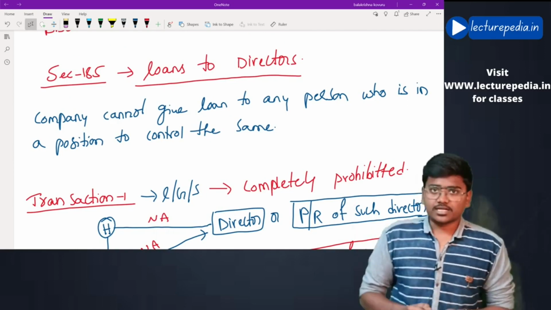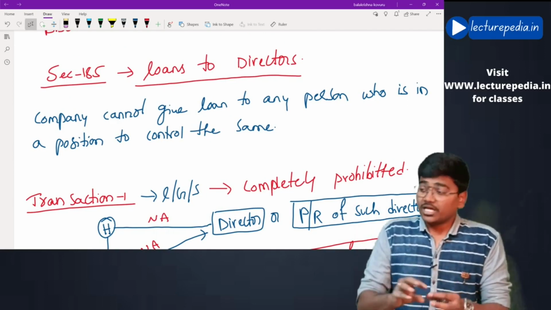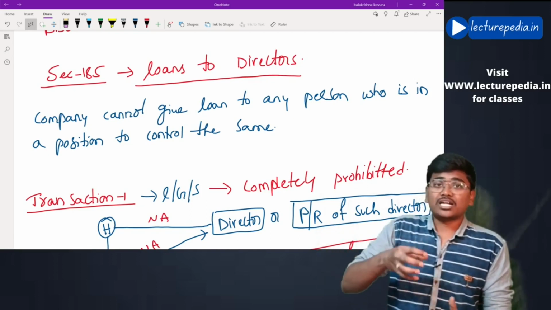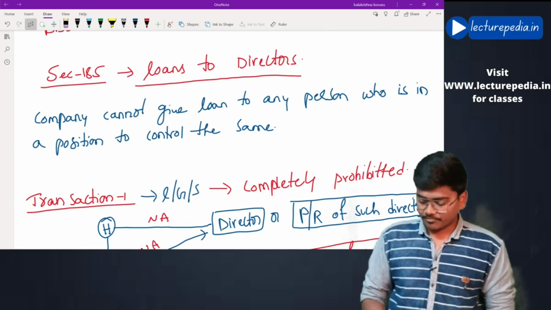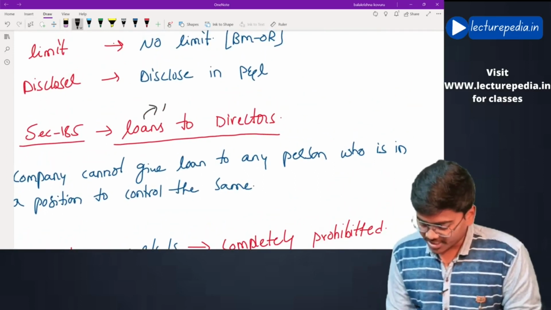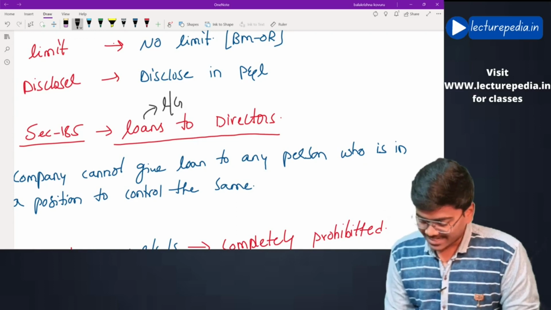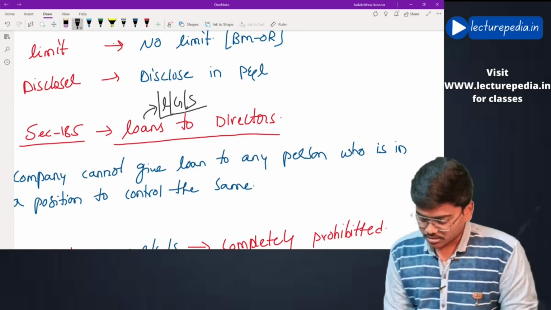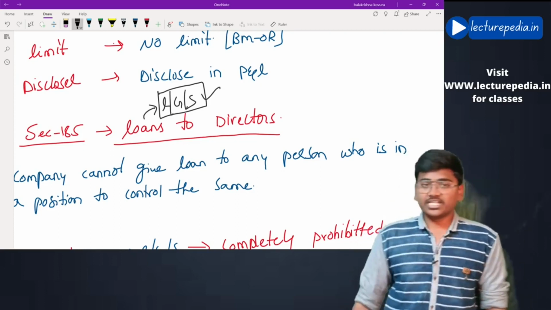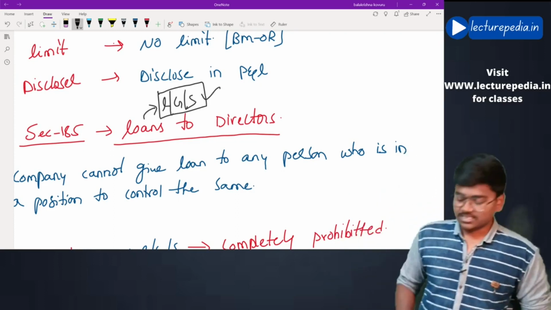Not only to the directors, company cannot give any loan to any person who will be able to control the loan. Hope that is clear. Here, this section deals with not only loan, it deals with loan, guarantee, security. Section number 185 deals with these 3 transactions.